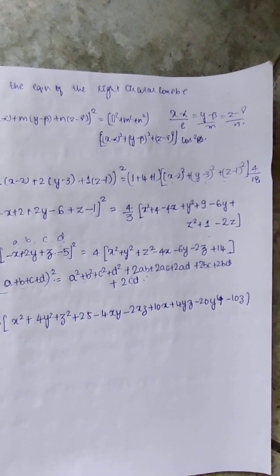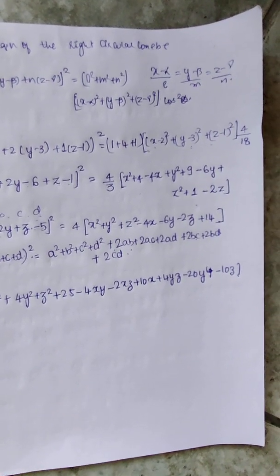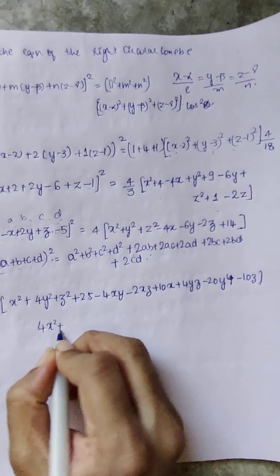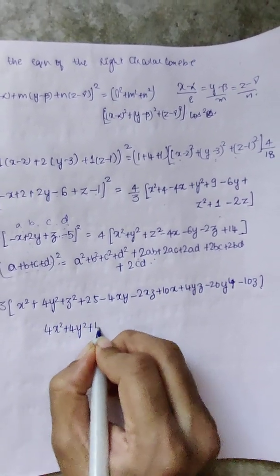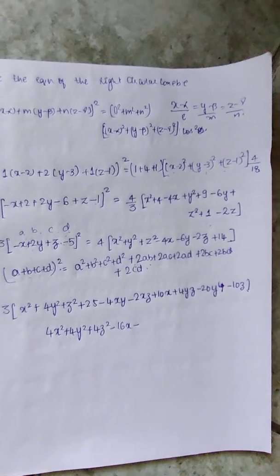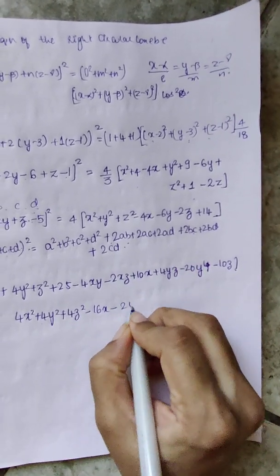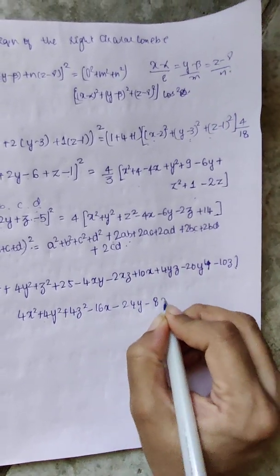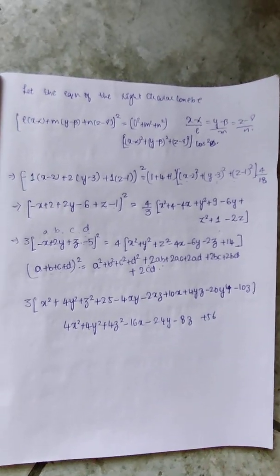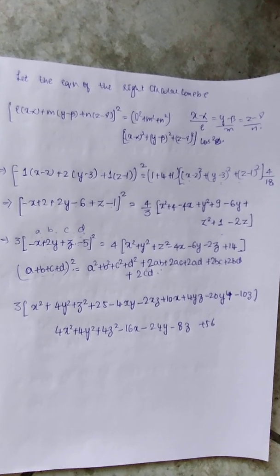Now I'm going to multiply 4 with each and every term. So I'll be getting 4x square plus 4y square plus 4z square minus 4 4s are 16x, 4 6s are 24y, minus 8z plus 56. Then I'm going to expand the numerator and solve.